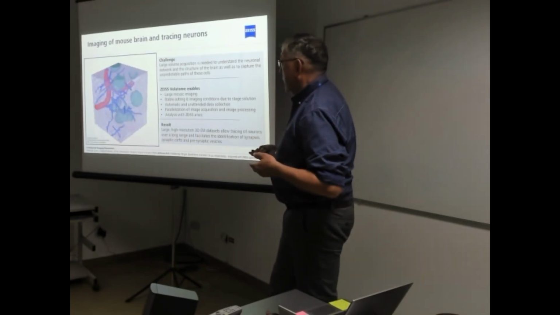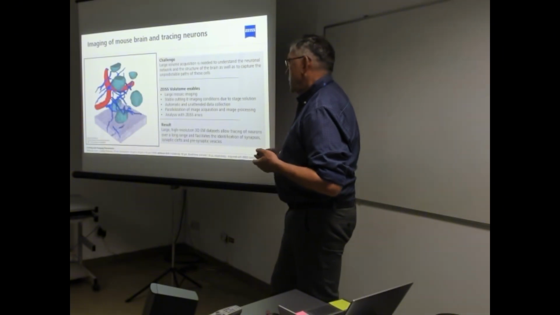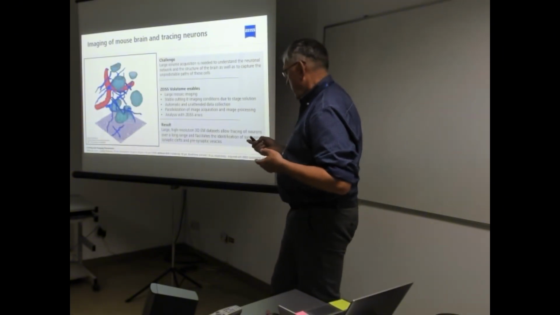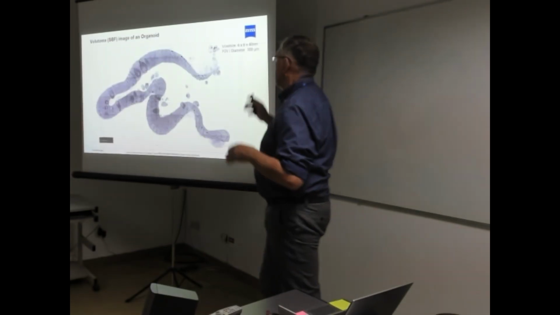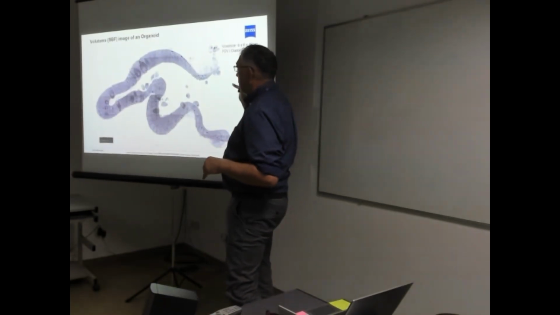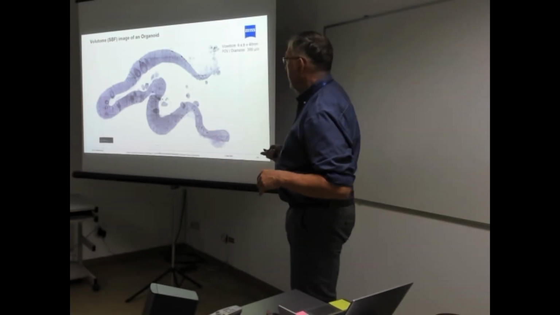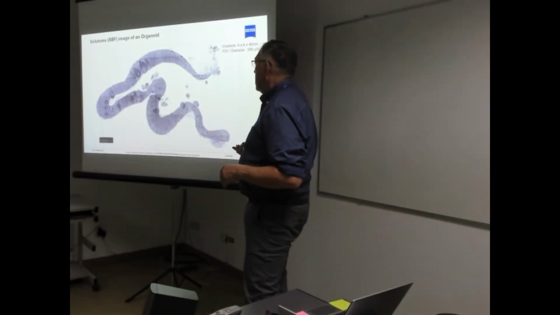So to say, it is one of the easiest technologies for the volume approach in our days, because it's completely automated, and the major application for this is organoids. This is what we see as applications.